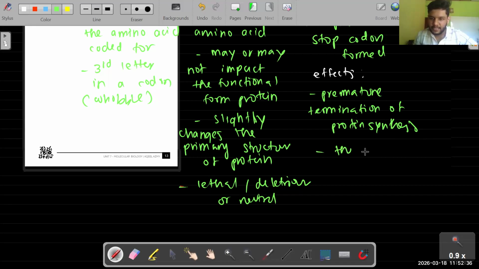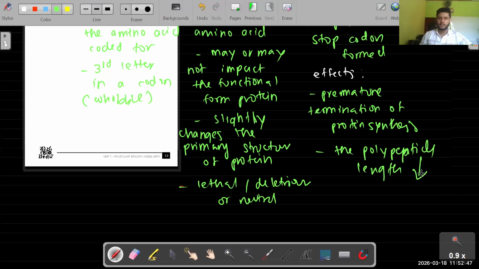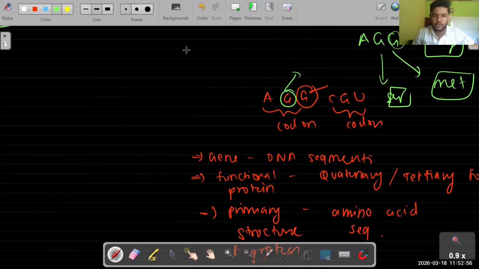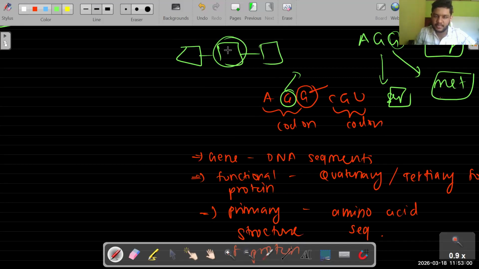The polypeptide's length decreases. A shorter polypeptide will be produced. And the last one, it is non-functional. The polypeptide that is produced with the lesser length is non-functional. Why? Now this is an amino acid sequence, and if this brings a stop codon, the length changes from 3 to 1.